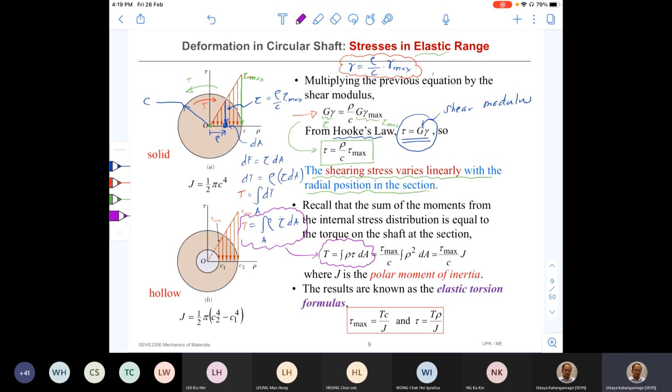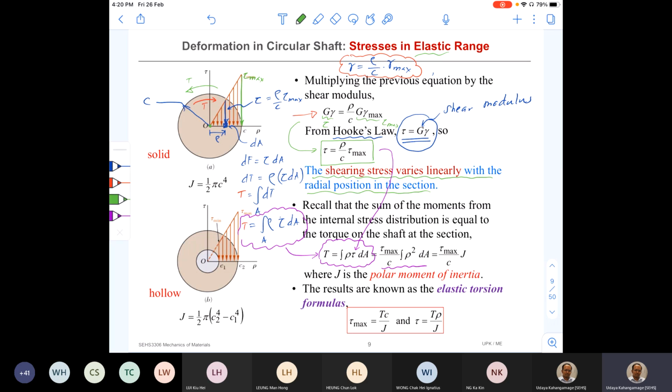So here T is the internal torque, the internal resistive torque. The internal resistive torque can now be expressed by this equation. If I replace this tau with this equation in tau, then you get this part.